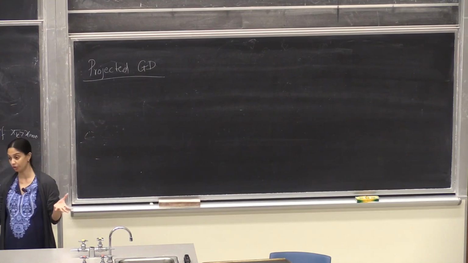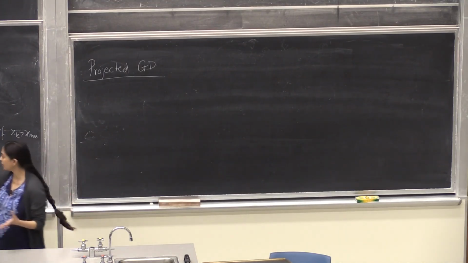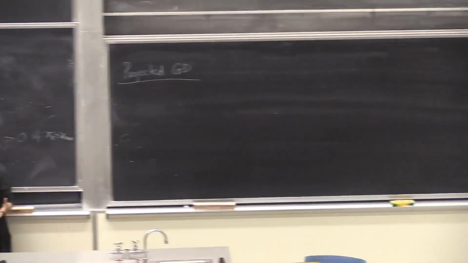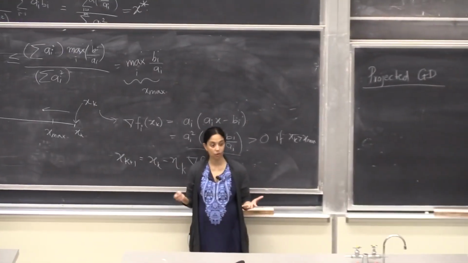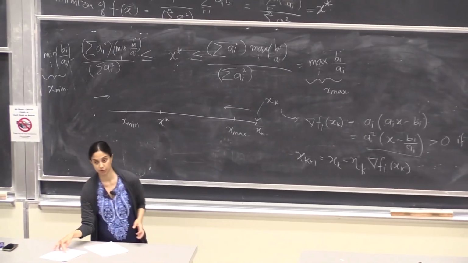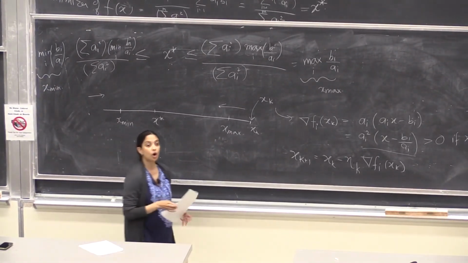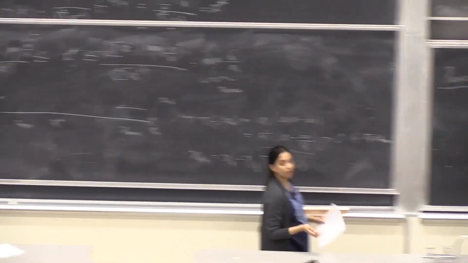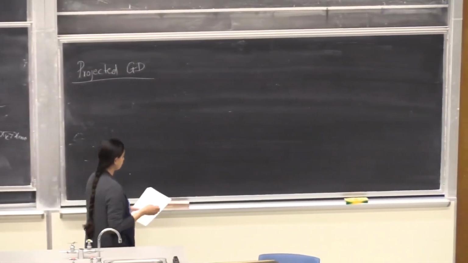We say our optimization is over R. We never worry about whether x_{k+1} is also in our domain or not. But a lot of times, of course, you have constrained optimization problems, right? You have a limit on what kinds of points are in your domain.